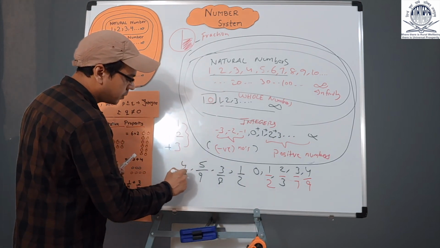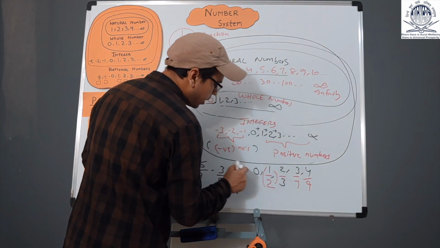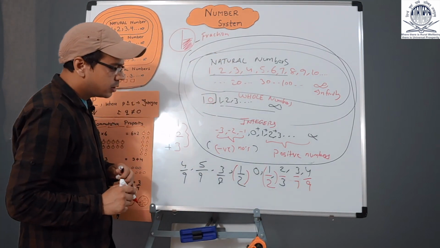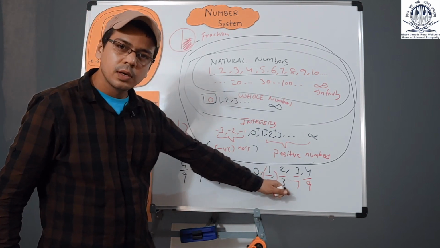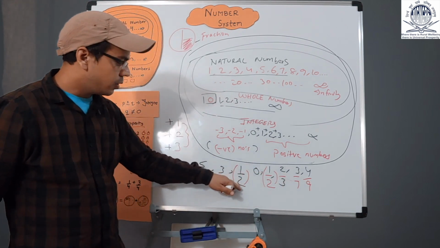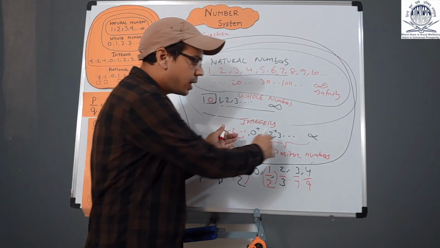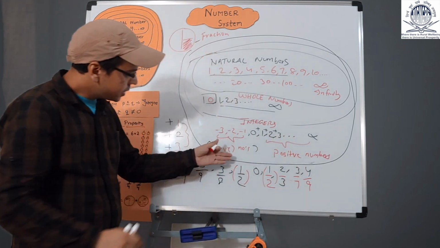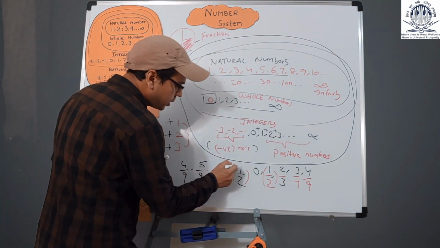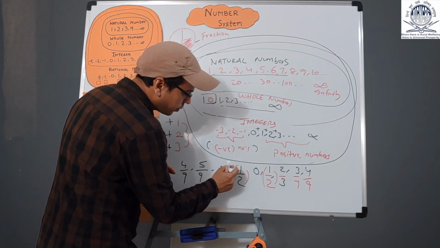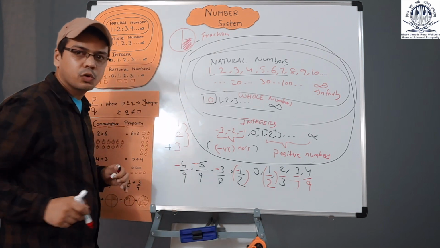But I have some confusion: I have 1 by 2 over here as well, and 1 by 2 here as well. Which 1 by 2 shall I look at as positive? I do know that my right hand side was positive and my left hand side was negative. Oh yes, I get it. So I'll put these as negative numbers, like -1 by 2, -3 by 8, -5 by 9, and -4 by 9.